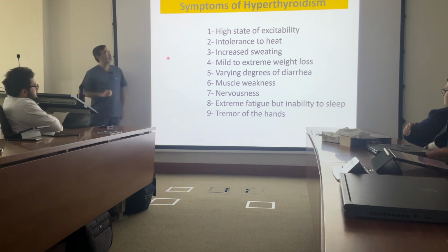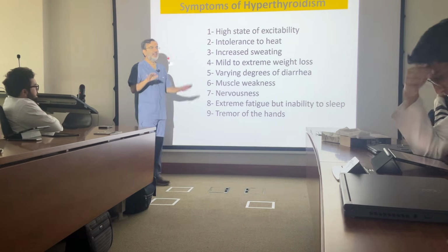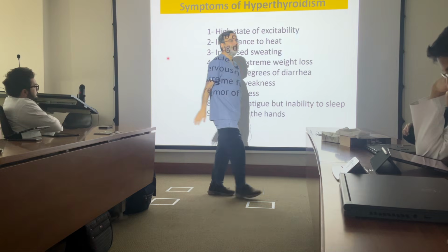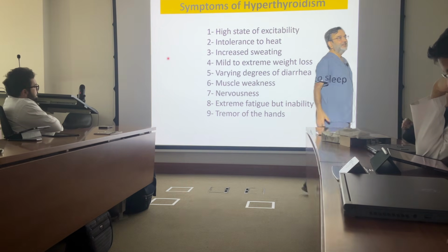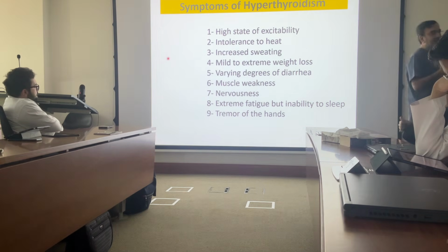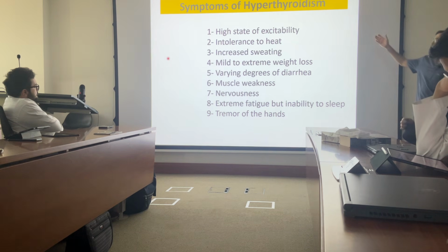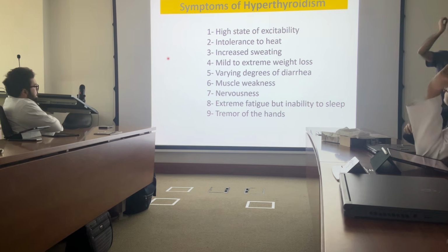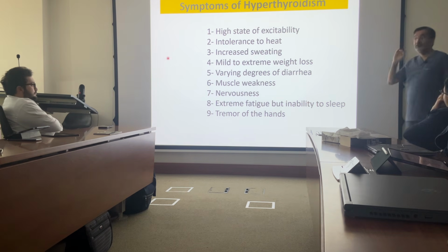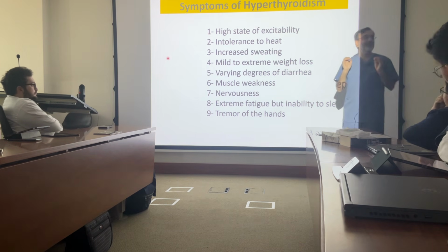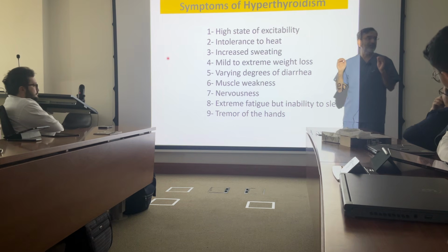So what would be the symptoms of hyperthyroidism? You said the basal metabolic rate is going to go up. The heart rate is going to go up. There would be a high state of excitability because it affects the brain, and we said that it is going to increase the excitability of the brain neurons.